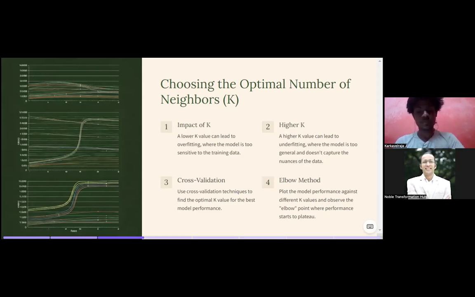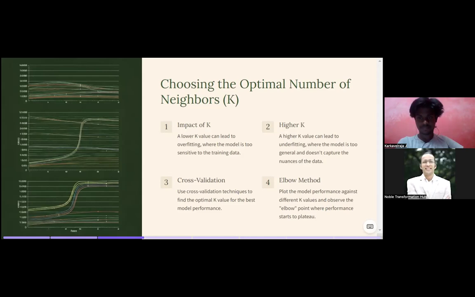It is normally distributed data, and a normally distributed or learned model knows both the negative and positive ends, and then it solves the problem. That is why cross validation is very important. Then you have the elbow method, which plots the model performance against different K values and observes the elbow where performance starts to flatten.